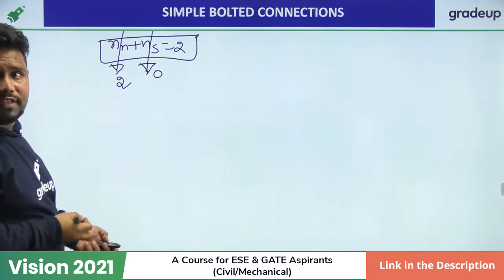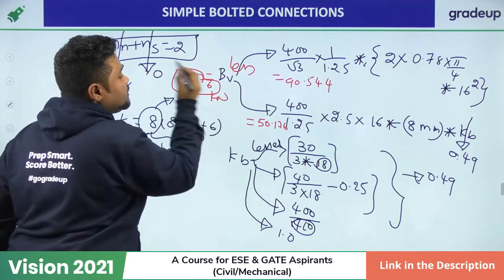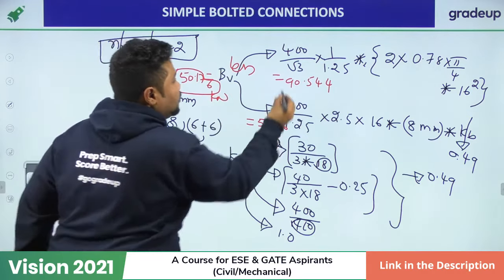But the question is not about the bolt value. The bolt value is the lesser of these two. So in such a case you can directly pick 50.176 as the bolt value. You need to mention the units also, but you will get the answer in terms of newtons. So now, just say 50 point something, 50.176.